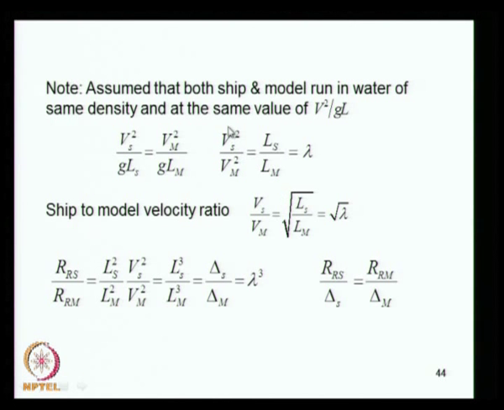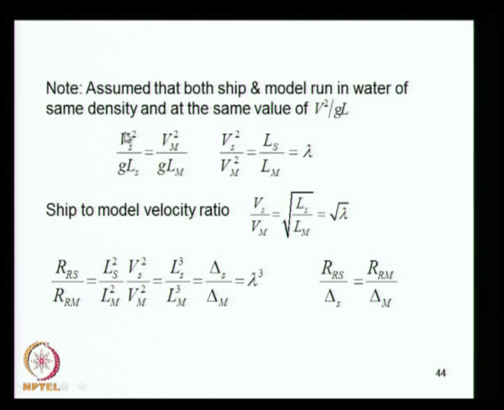Taking the square root, Vs by Vm, the ratio of ship speed to model speed, is equal to the square root of Ls by Lm, which is the square root of the model scale. So if you run the model with speed Vm equal to Vs by square root of lambda, it satisfies this relation.